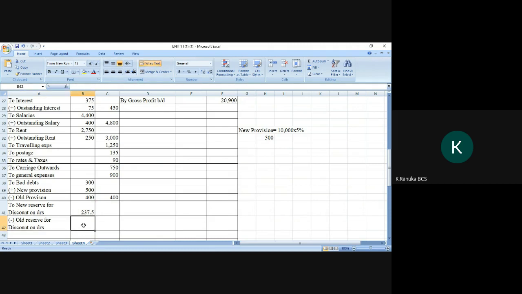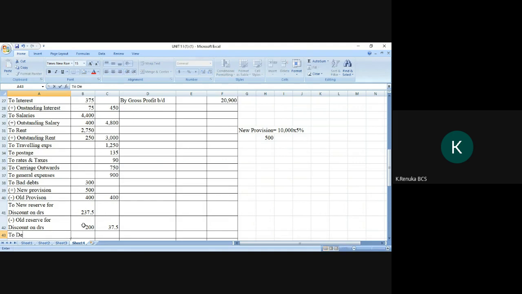Old reserve they have given you 200. So after reducing it, you will get the balance value 37.5, which has to be posted in the outer column. Next, regarding the reserves and provisions, we have placed all the adjustments. So now we are going to proceed with the depreciation.